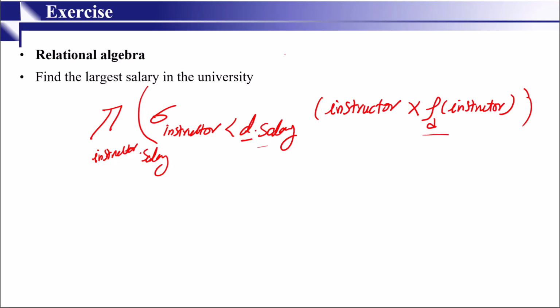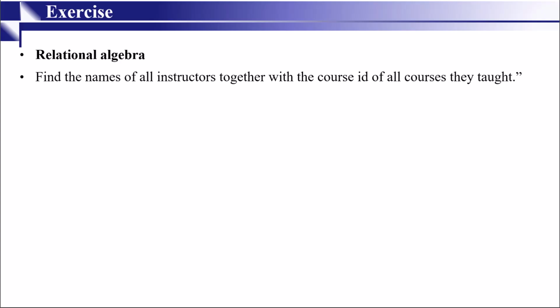That's why I write instructor.salary. Now I want to take out from the main table to get the highest one, right? So in here I say pi salary from instructor, this one minus this.